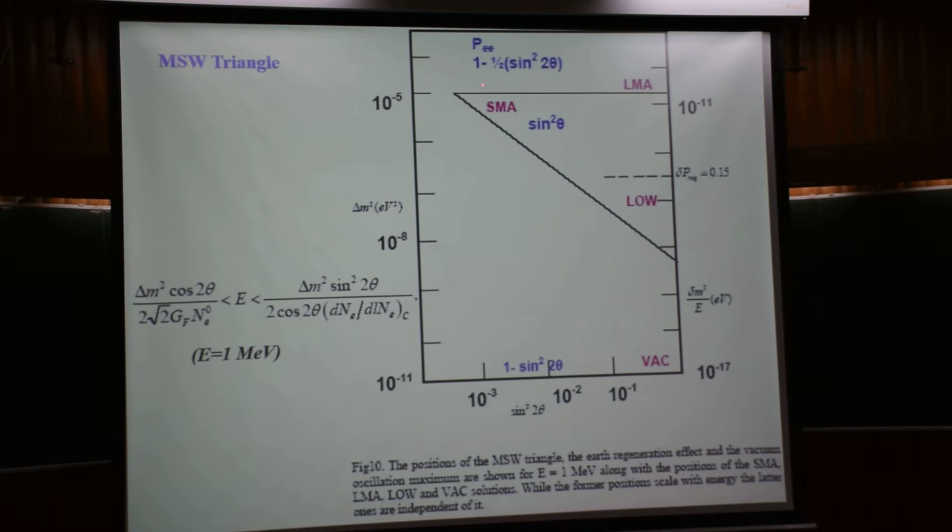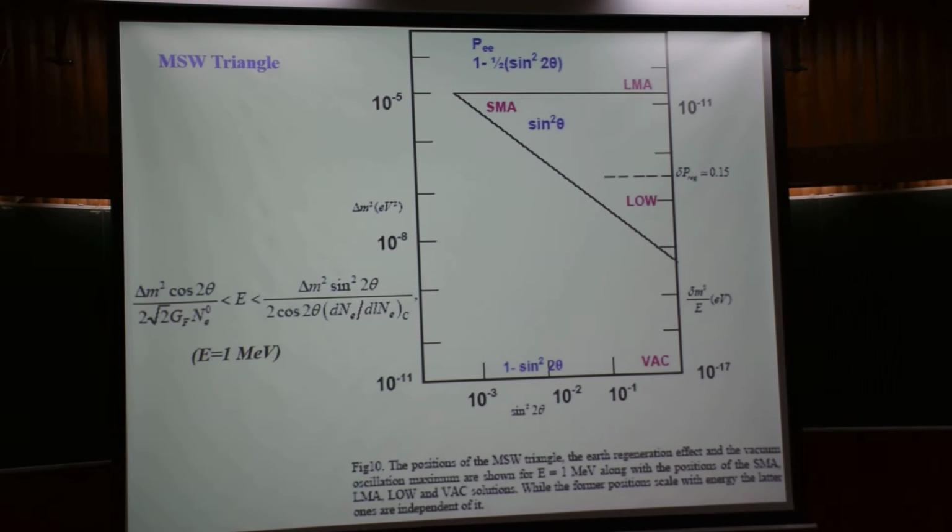Here you have a similar thing, except they can be distinguished by energy dependence. Here it is monotonically going from more than 50% to 1/3 and staying at 1/3. Here, sin square theta is very small, so it is 1 here. It becomes 0 here. It again becomes 1 here. So it is a very rapid and non-monotonic energy dependence.